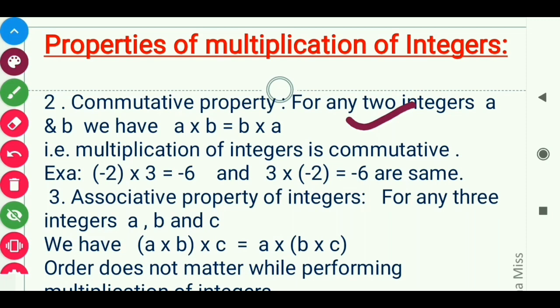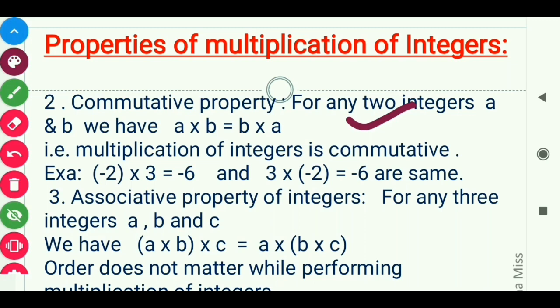As the name itself suggests, in the commutative property you can change the order of multiplication. For example, when you multiply any two integers, say a and b, their product a into b you can write as b into a. You can remember this property, we have utilized in addition also.